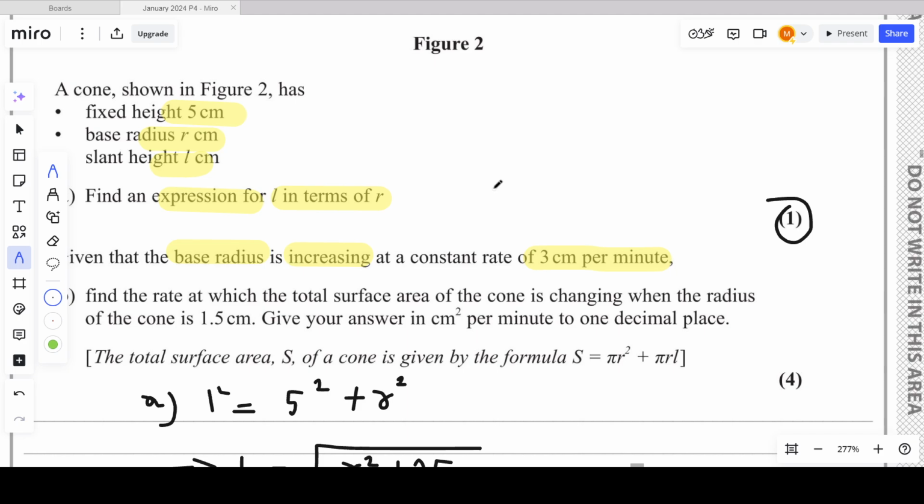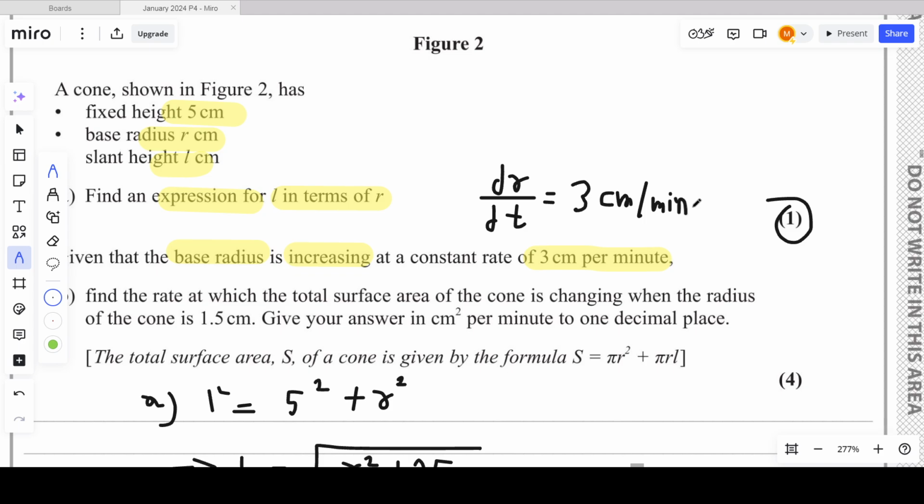That means this is which rate of change equation? dr over dt, right? So dr over dt equals 3 centimeters per minute.